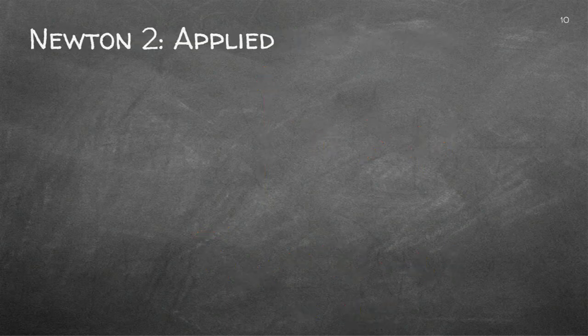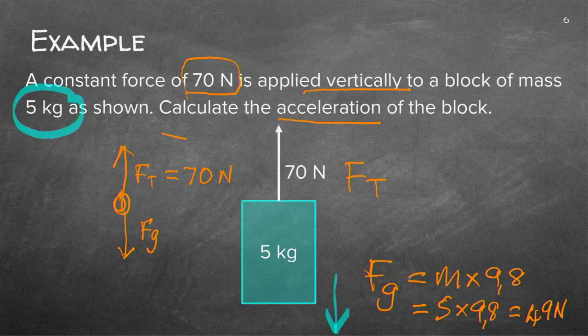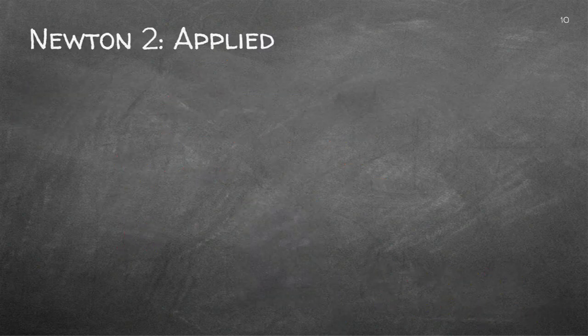So let's apply Newton. Remember what they asked of me. They said, give us the acceleration. Now let's go to Newton's law and say, okay, then I'm going to say the net force is equal to the mass times the acceleration. Remember, this is what they asked of me.